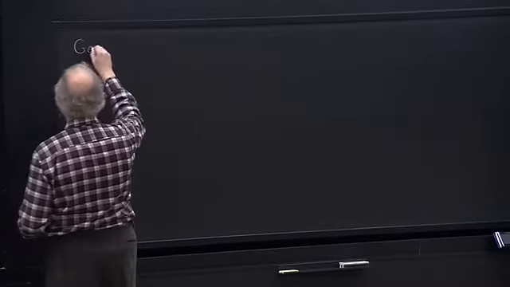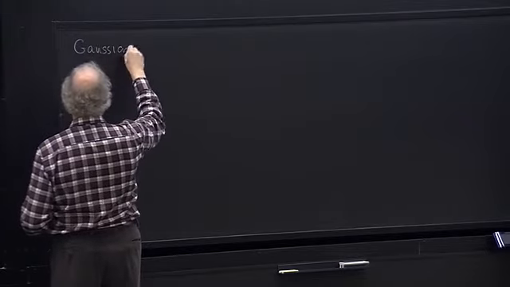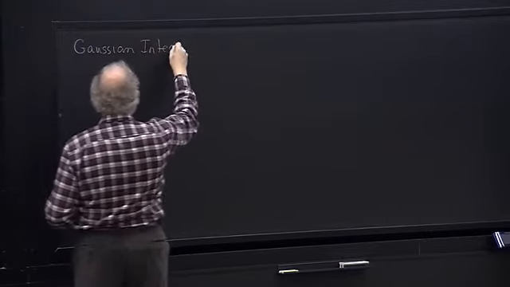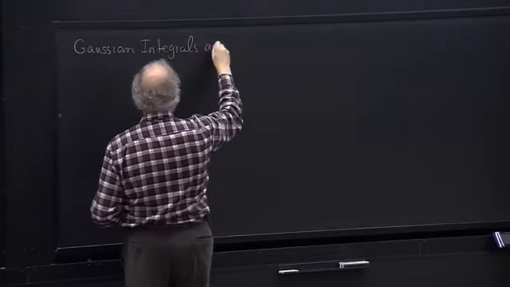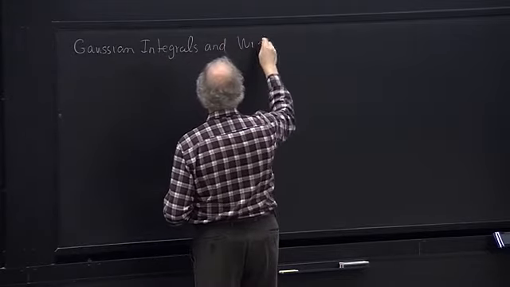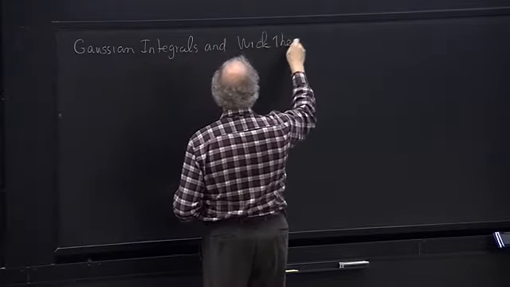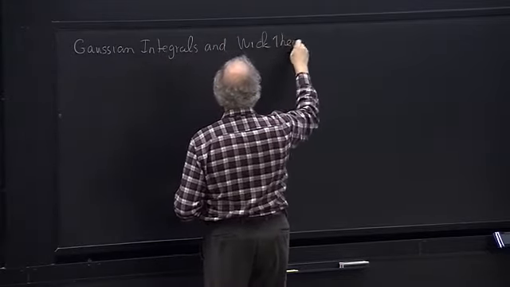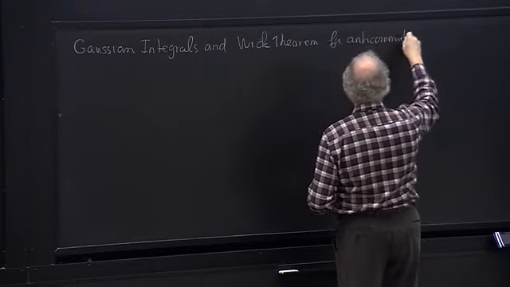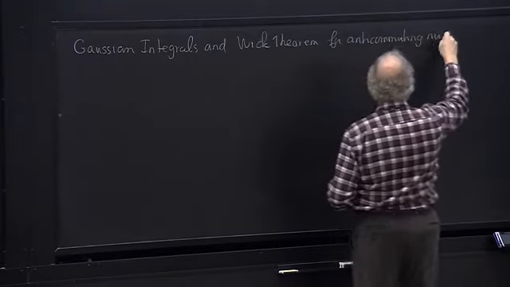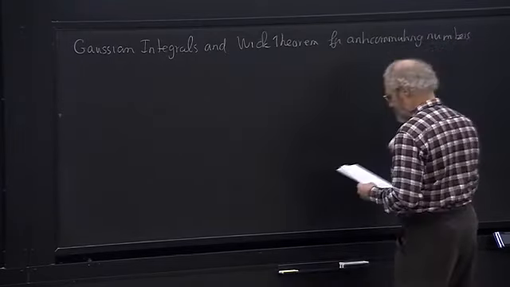It can be used to do Gaussian integrals and find a version of Wick theorem for anti-commuting numbers. Okay?